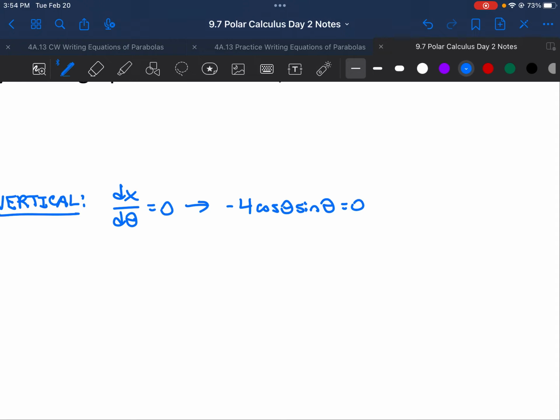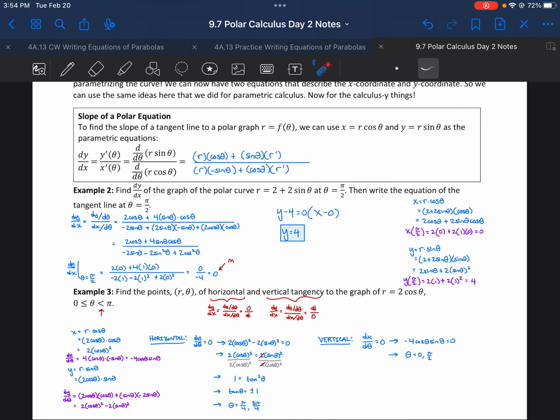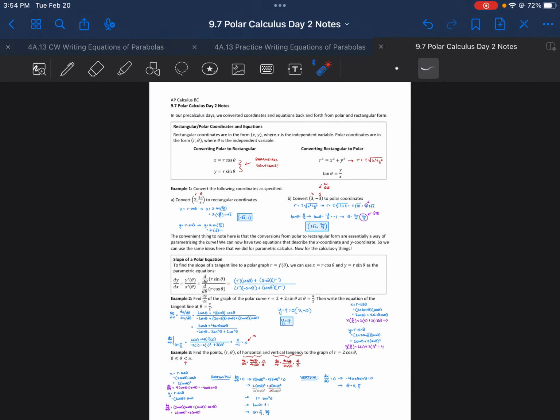So sine or cosine is equal to 0 from 0 to π when θ equals 0 or π/2. Again, if you wanted to find the r's, I know the problem says find all points (r, θ). You can simply take your thetas and plug them in to get r. Okay, but I'm going to go ahead and move on to the next problem.